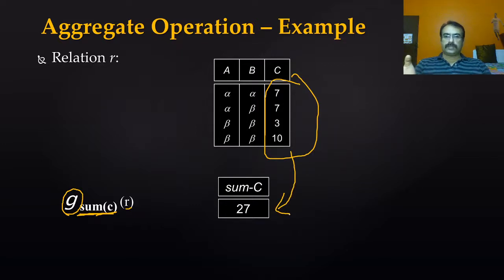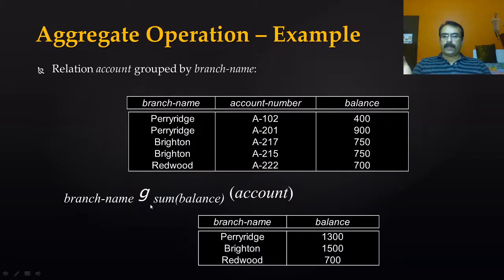Okay, this is the aggregate operation. A little extension, when we use group by: relation account group by branch name, so the aggregate function will appear as a right subscript, and the attribute with which I want to group will appear as a left subscript.